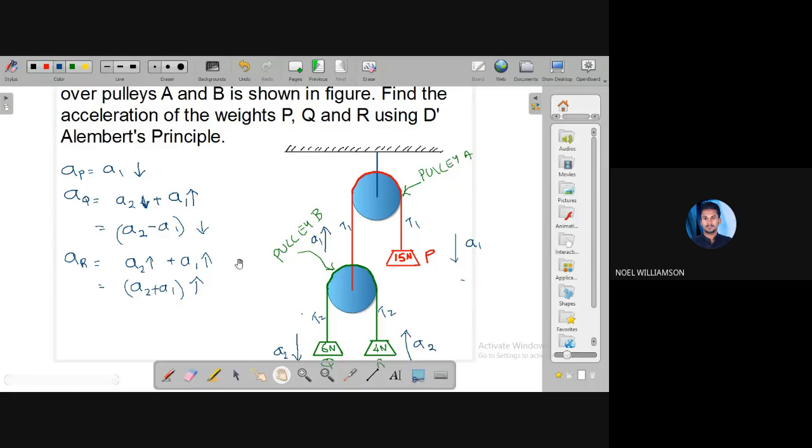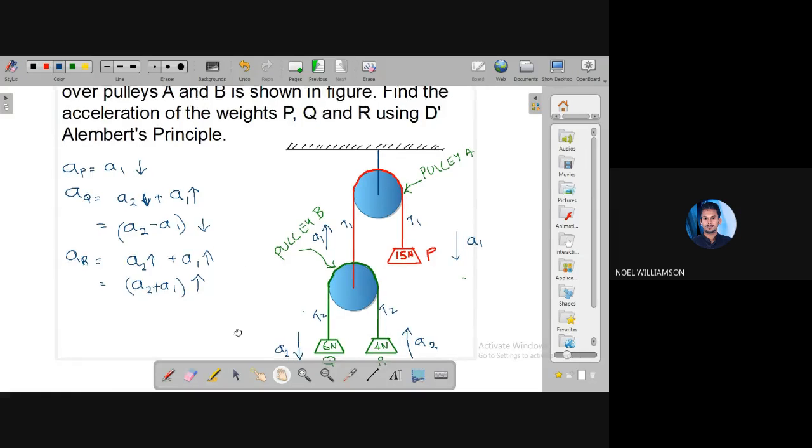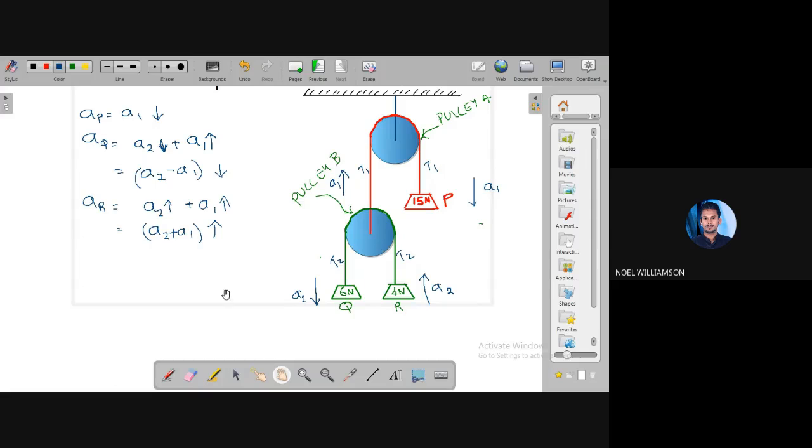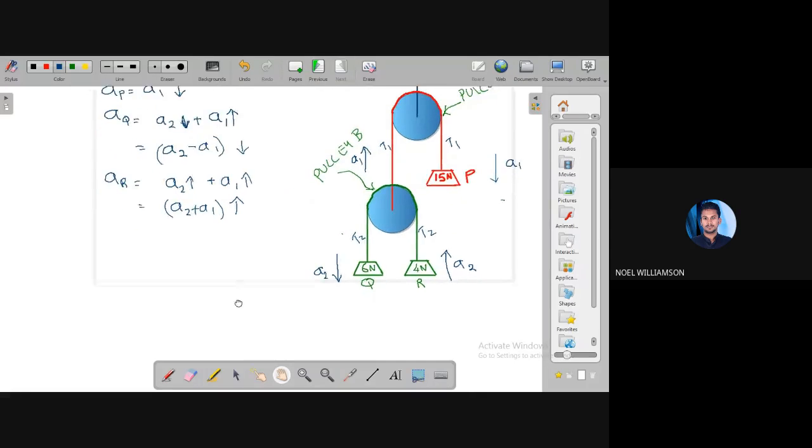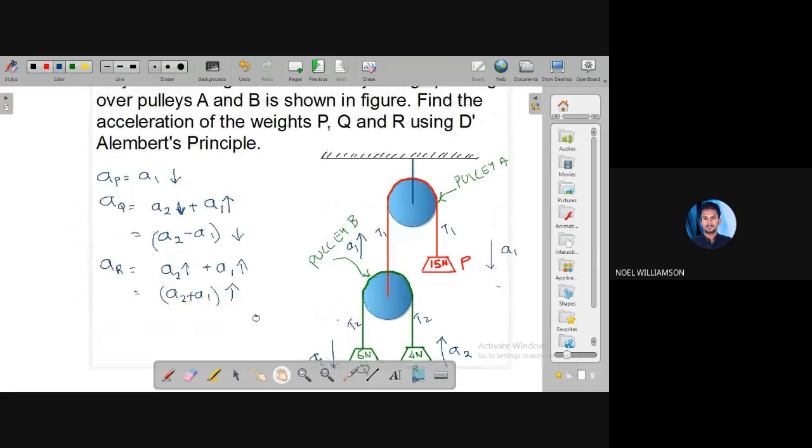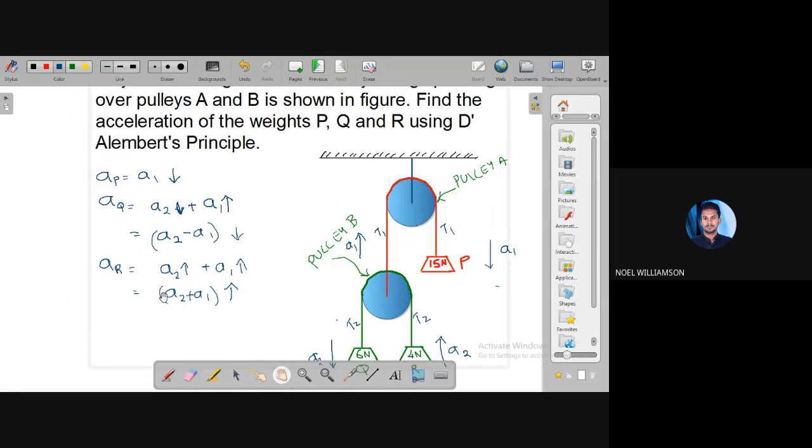Okay, that is D'Alembert's principle. Now we are applying that for each weight, and we will find the values.